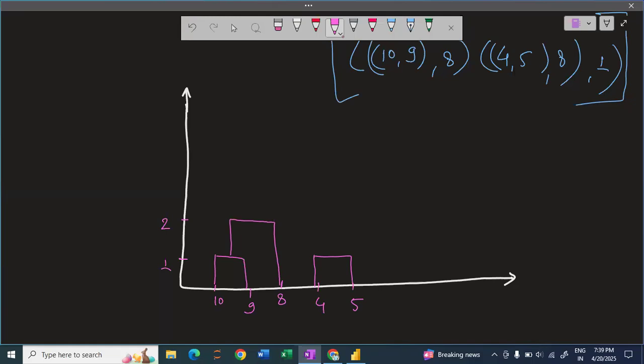Now it is converted into a single cluster with 10, 9 and 8. So it has one cluster. So it will be connected with 8 to 4 and 5. Now we have one more single data point, that is 1. So the whole cluster is connected with single.